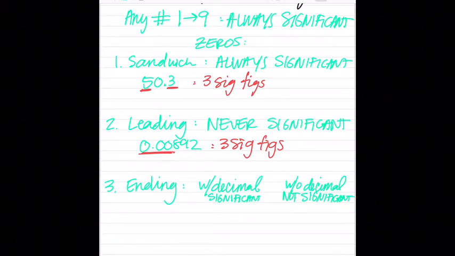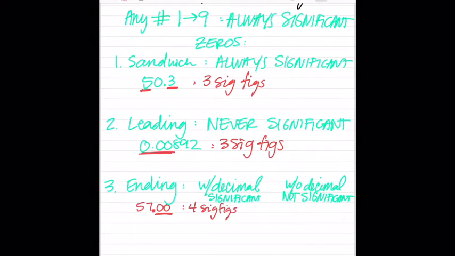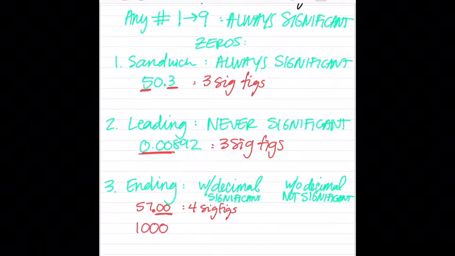For example, I have a decimal physically written down in my number, so that means these ending zeros count. So this is 4 sig figs. Now, another example would be something like this. I do not have a decimal physically written down, so that is only 1 significant figure.